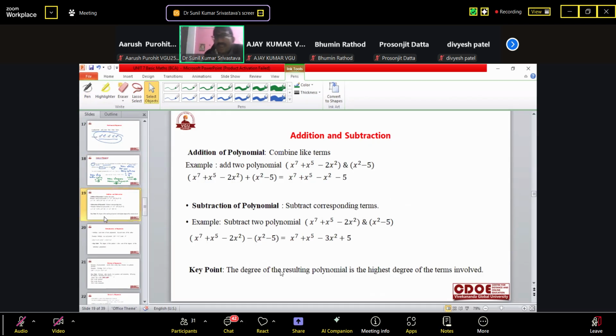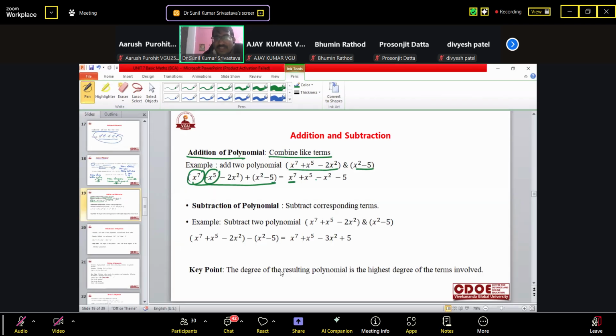How to add polynomials. For the same type of powers, combine like terms. Addition of polynomials: combine like powers. Suppose we have the expression 2x^7, x^5 minus 2x, and so on, and we have to add. What do we do here? See, x^7 is here but is not in the second expression, so we write x^7 as it is.